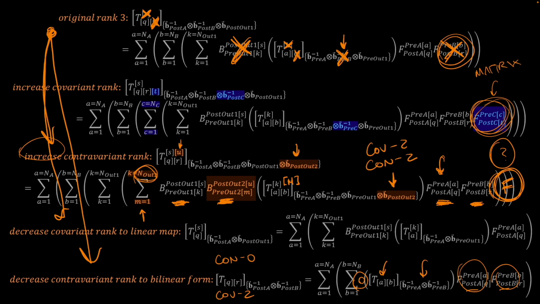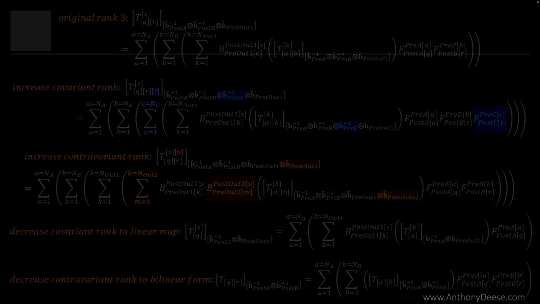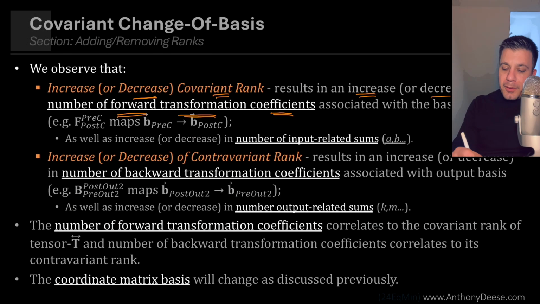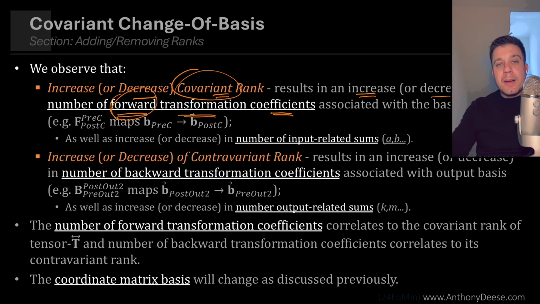But for the purposes of discussion, I'm referring to these as an entire matrix, because if we formulated this differently, we could represent it as a matrix. So the number of forward transform matrices or coefficients is associated with the covariant rank. This makes sense because the covariant rank is associated with the number of inputs, and the number of inputs is associated with the number of inverted basis sets, and so on.